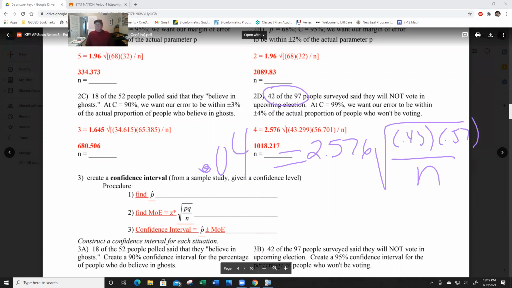And again, you solve that for n. And depending on the rounding, I'll get a little different answer than this because I rounded this to 43% and 57, but let me go ahead and do it just so you get the idea.